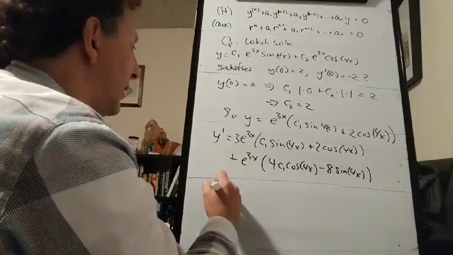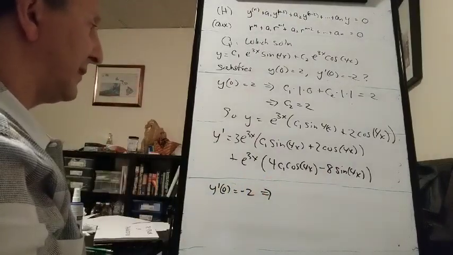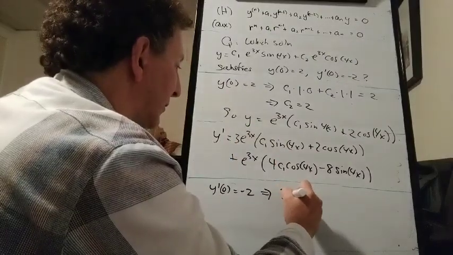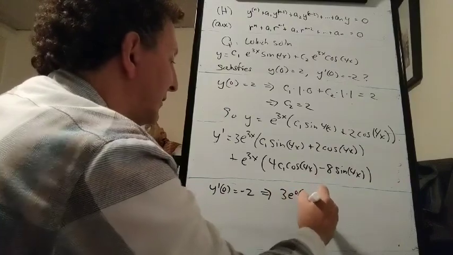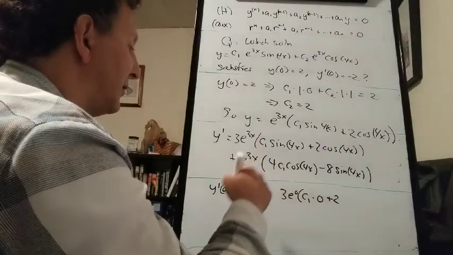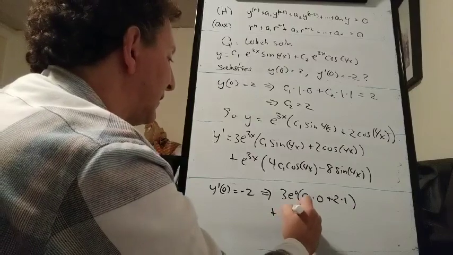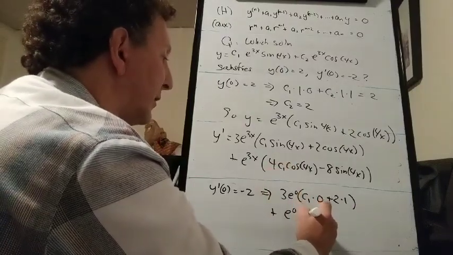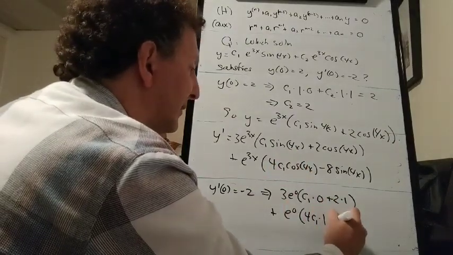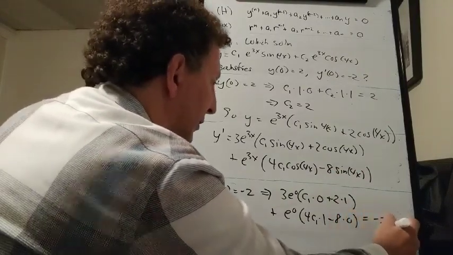All right, now y prime of 0 equal to negative 2 implies that 3 e to the 0th times c1 sine of 0, which is 0, plus 2 cosine of 0, which is 1, plus e to the 0 times 4 c1 cosine of 0, which is 1, minus 8 sine of 0, which is 0, equals negative 2.